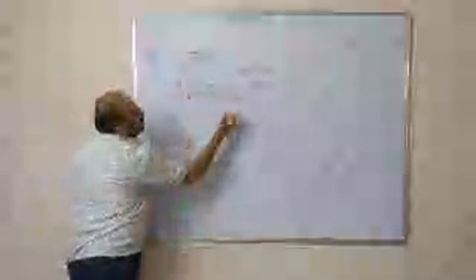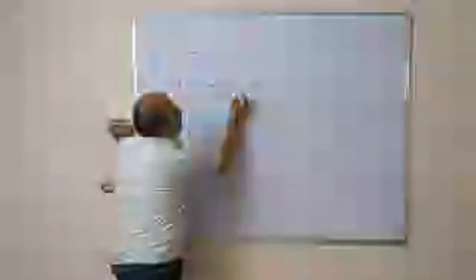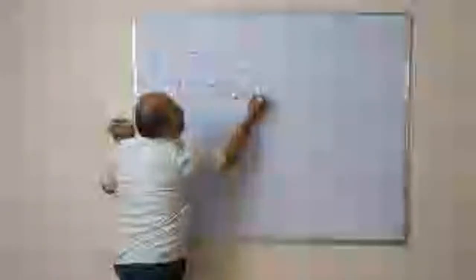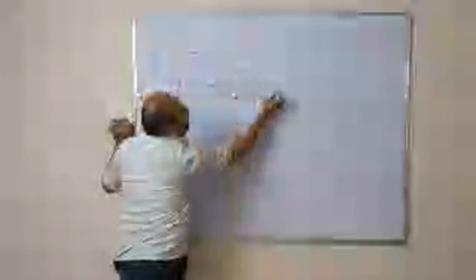I want to get all answers in terms of cot, so what I am going to do is divide on both sides by sin alpha, sin beta into sin gamma.